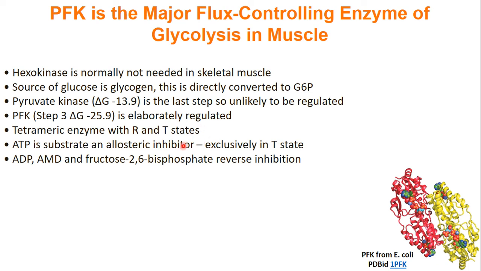So ATP will bind as an inhibitor only in the T state. If ATP binds in the inhibition site, then it's going to force the T state. ADP, AMP, and fructose 2,6-bisphosphate reverse this inhibition and force it into the R state. So those are our allosteric regulators right there.